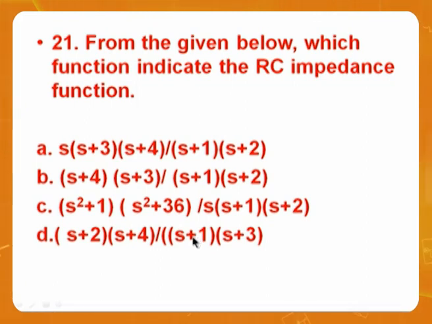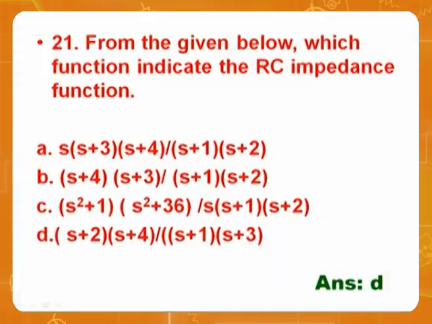And what is wrong in it actually? The answer is very clearly S plus 2, S plus 4, S plus 1, S plus. See, when you look at this, S plus 1 is the nearest to the origin. Nearest to the origin is a pole. But here also nearest to origin, now what is wrong in it? Why is C wrong? C is wrong because S square plus 1 means it is talking about roots on j omega. Roots on j omega means it gives an LC function.